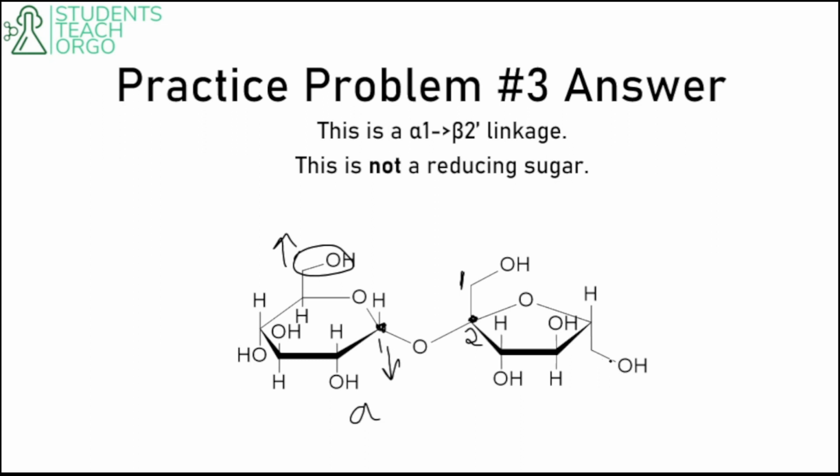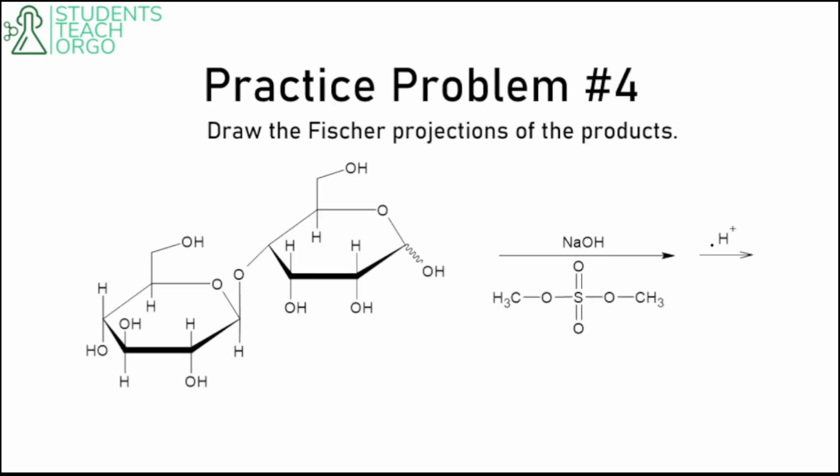And this points down and this points down. So this is going to be your beta. Okay. Hopefully that makes sense. And so is it a reducing sugar or not? Well, this is an acetal right here, and then this is an acetal right here as well. So it's non-reducing.